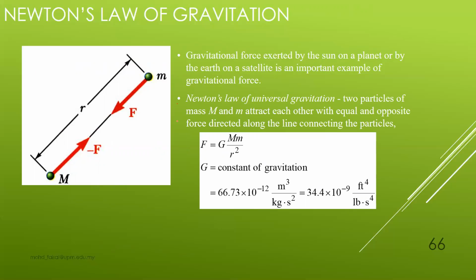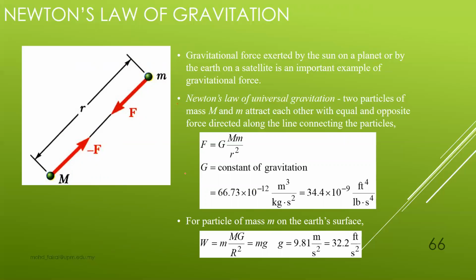Newton's law of universal gravitation: two particles of mass M and m attract each other with equal and opposite force directed along the line connecting the particles. It can be simplified like so, where G is the constant of gravitation. Value is like this.